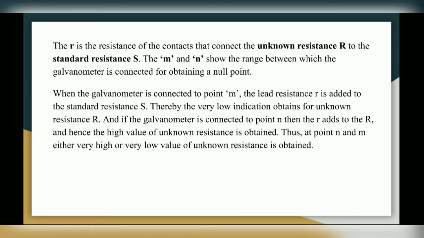Thus, at point N and M, either a very high or very low value of unknown resistance is obtained, and this is because of this contact resistance.